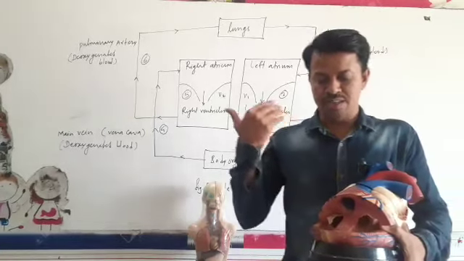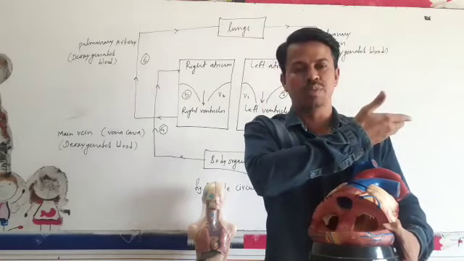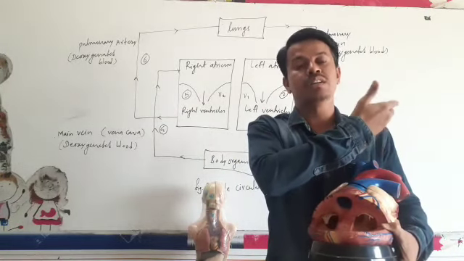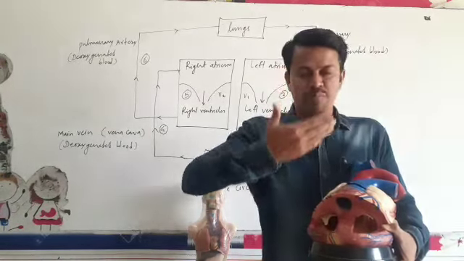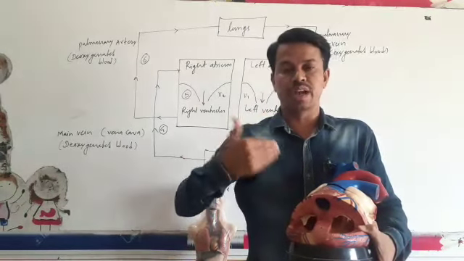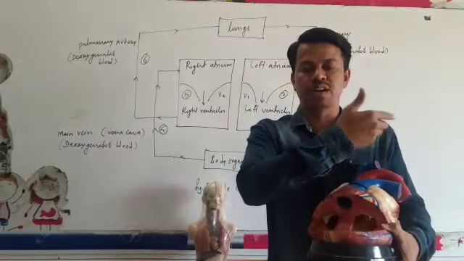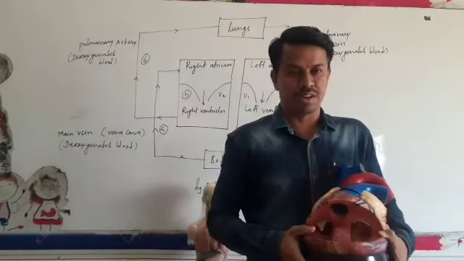Here is the right auricle, the upper one, and in front of it the left auricle or atrium. Below the right atrium is the right ventricle, and below the left atrium is the left ventricle.